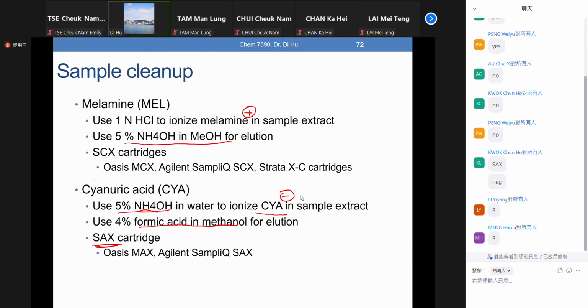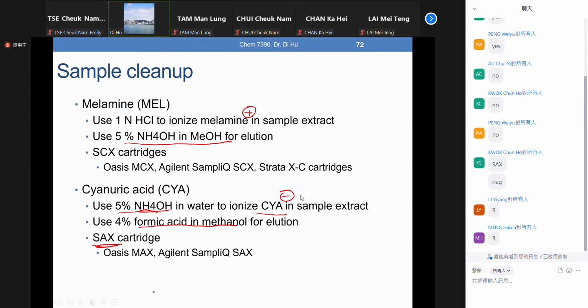So that's why we use basic or acidic methanol. If you have further treatment, or need to pre-concentrate to a much smaller volume, methanol is much easier to blow down under nitrogen flow than water.